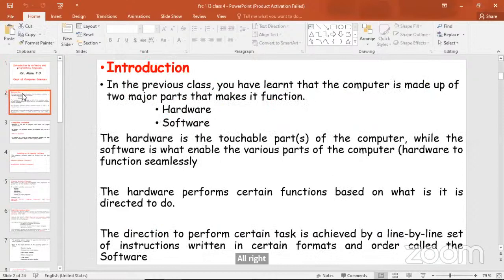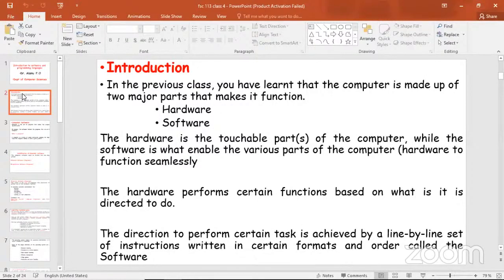So I'm sure in the last class, you would have been introduced to what hardware is, and what constitutes the computer. The computer is made up of two parts generally: the software part and the hardware part.